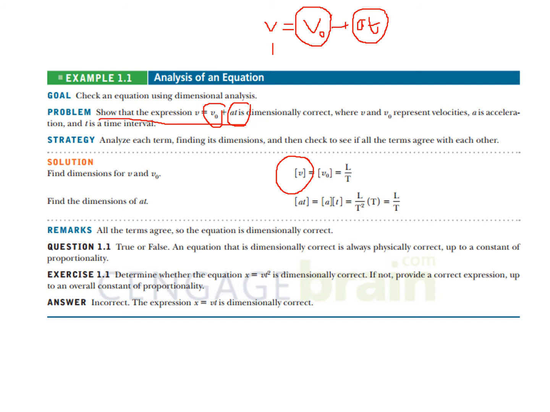If the dimension for velocity is L over T, then v naught is also L over T. And how about at? A is L over T squared, times T. If we cancel out T and the square, we get L over T, which is equivalent to everything on the right side. Therefore this equation is dimensionally correct.